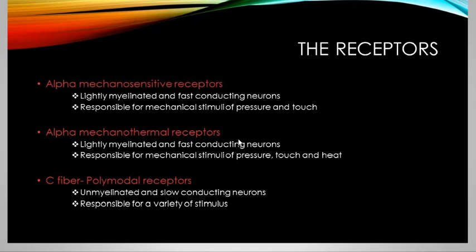The mechanosensitive are responsible for mechanical stimulus, of course, of pressure and touch, whereas the mechanothermal receptors are responsible for mechanical stimulus, pressure, touch, as well as heat. And the C fibers are unmyelinated and slower conducting neurons. They're responsible for a variety of stimulus.